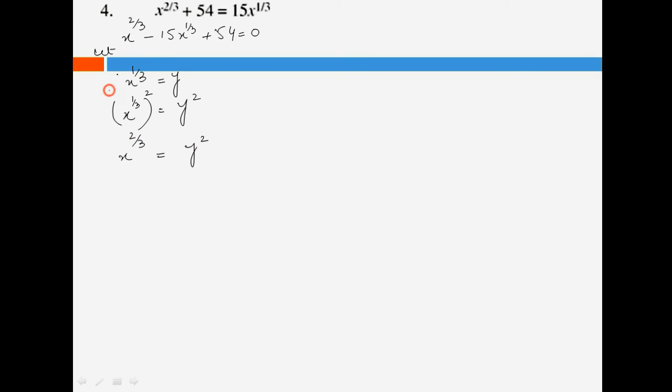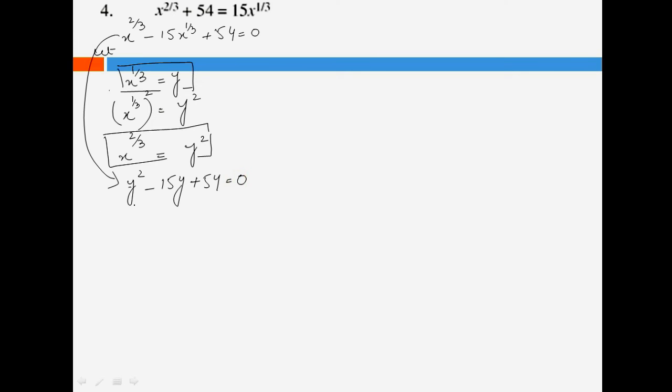Now substitute x raised to the power 1 upon 3 as y and x raised to the power 2 upon 3 as y square in this equation. So this equation becomes y square minus 15y plus 54 is equal to 0.